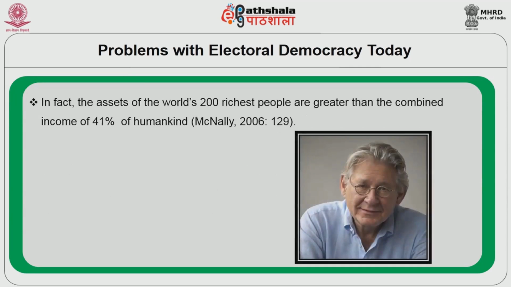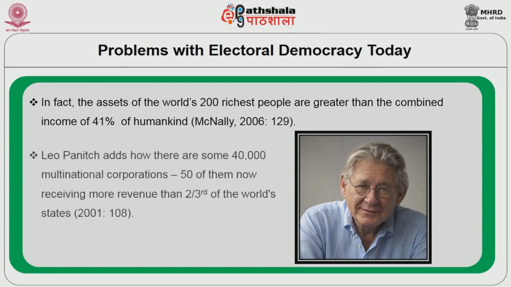In fact, the assets of the world's 200 richest people are greater than the combined income of 41% of mankind. Leo Panitch adds that there are some 40,000 multinational corporations, 50 of them now receiving more revenue than two thirds of the world's states.